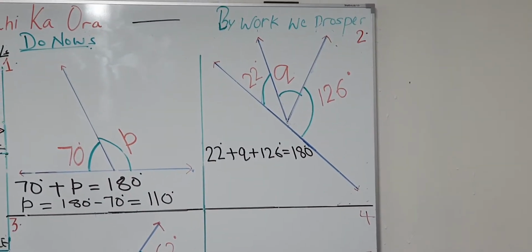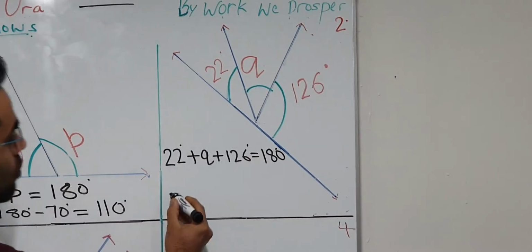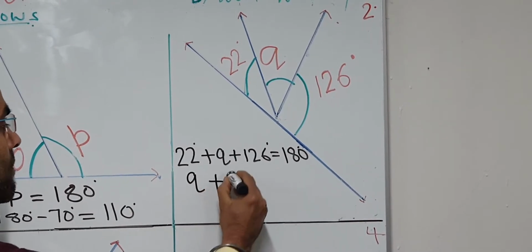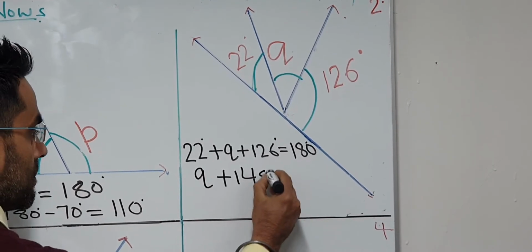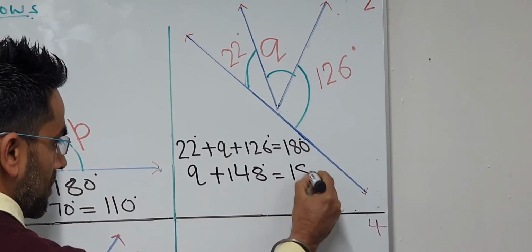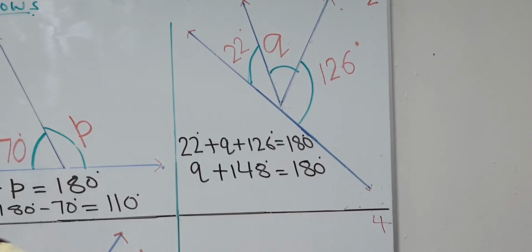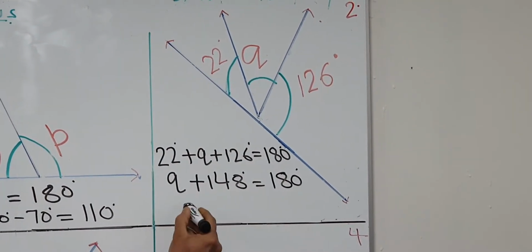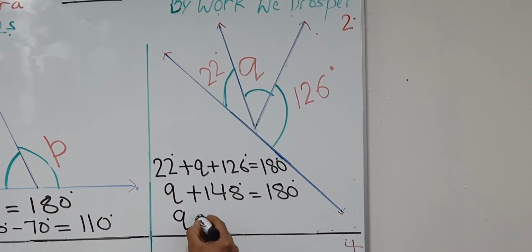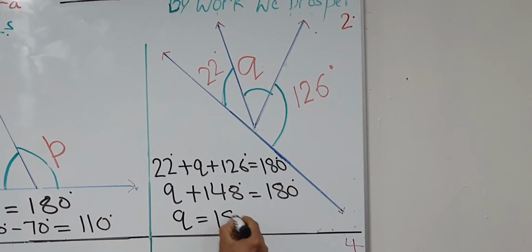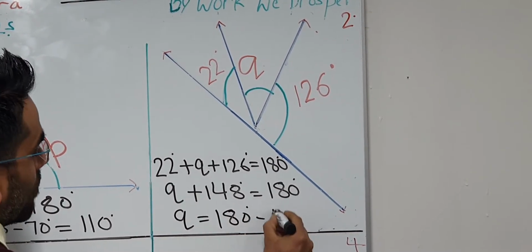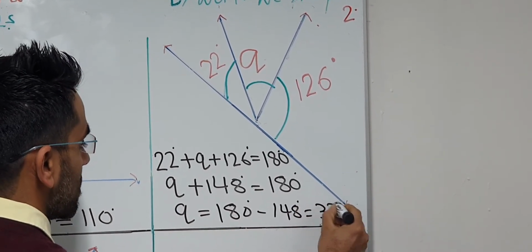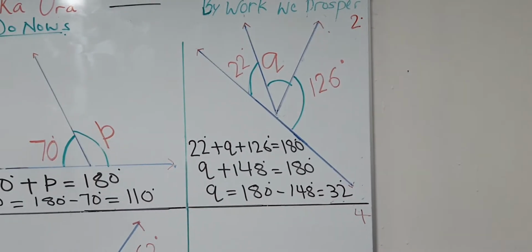Right? And if you add 22 and 126, that's going to come up with 148. Right? And by the linear equation, it's going to come up with 180 take away 148, and it is equal to 32. Check your answer.